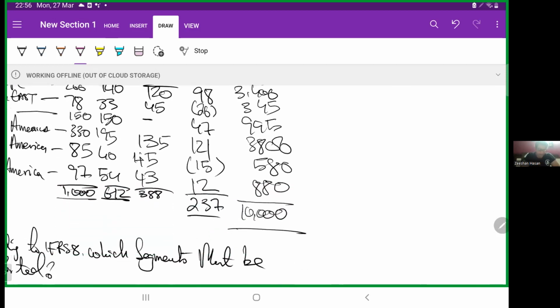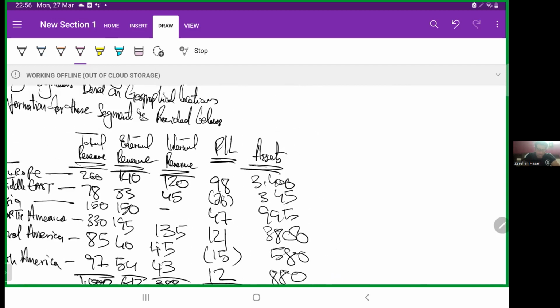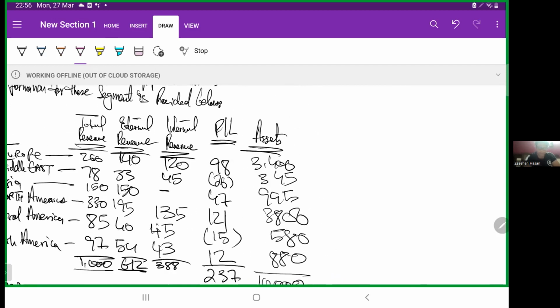Now, the requirement is, according to IFRS, which segments must be reported. Let us dive in and look at it.